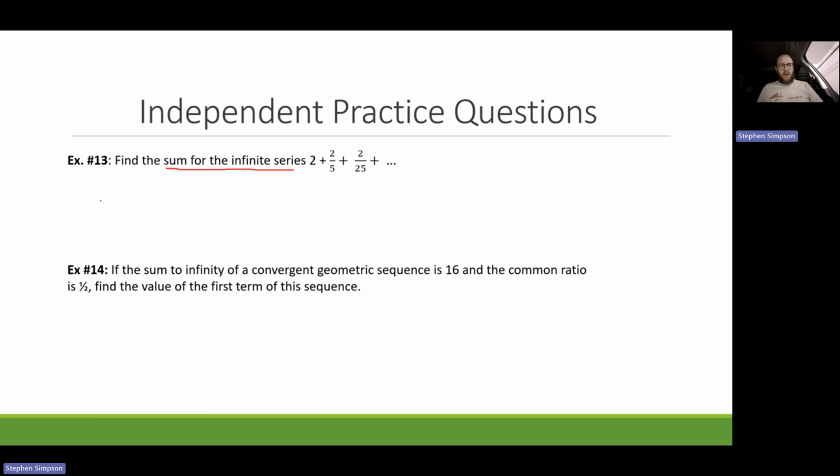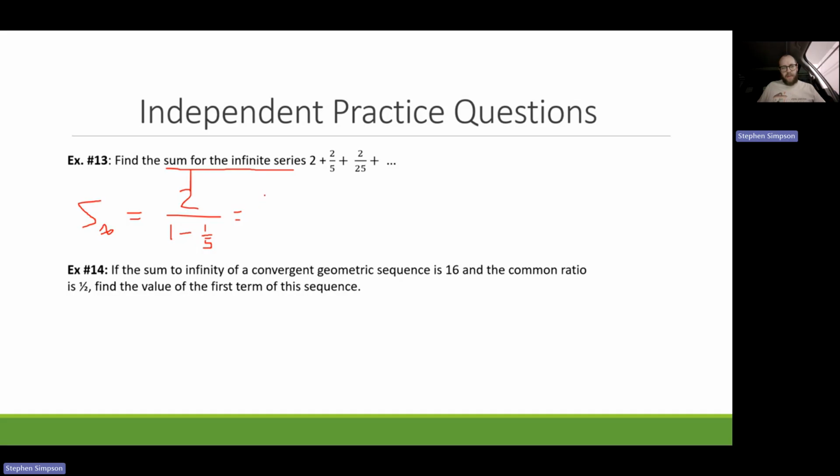So the sum would be, it's infinite, so we want to make sure we use the right formula. That's the first term over 1 minus r. Here, r is 1/5. So the first term over 1 minus r, and that would simplify, so that's 4/5. 2 divided by 4/5.